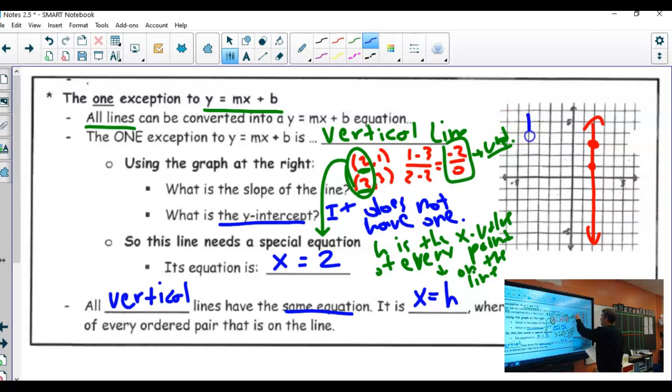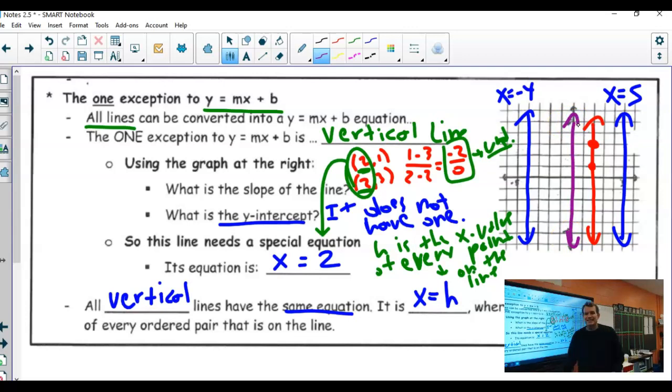So if I had this line, it would have the equation x equals negative 4. If I had this line, it would have the equation x equals 5. Here's the one that gets a lot of people, this crazy tricky line down the middle, sometimes called the y-axis.